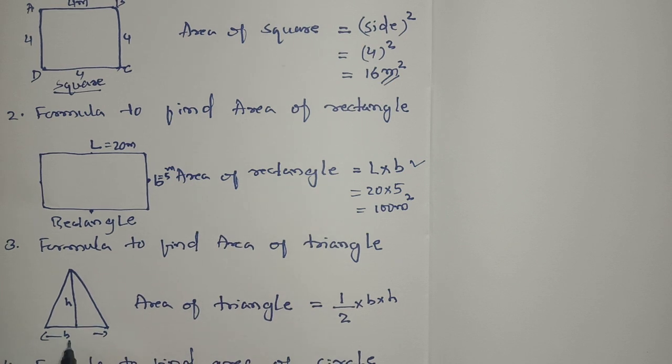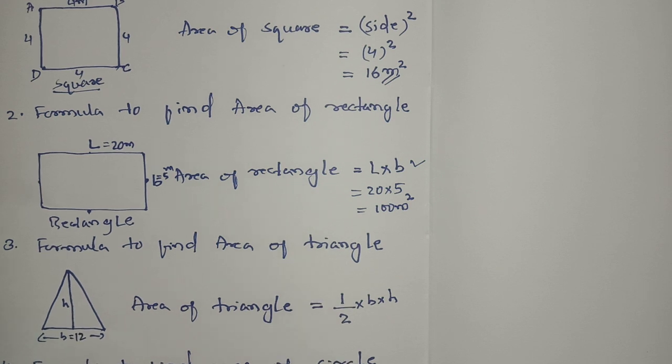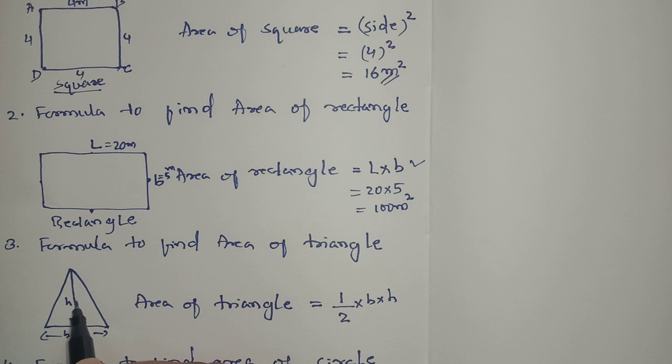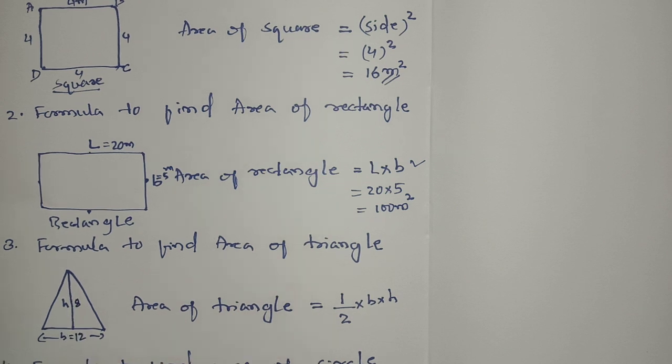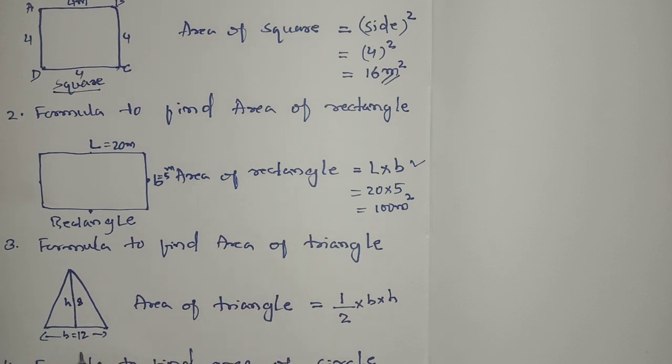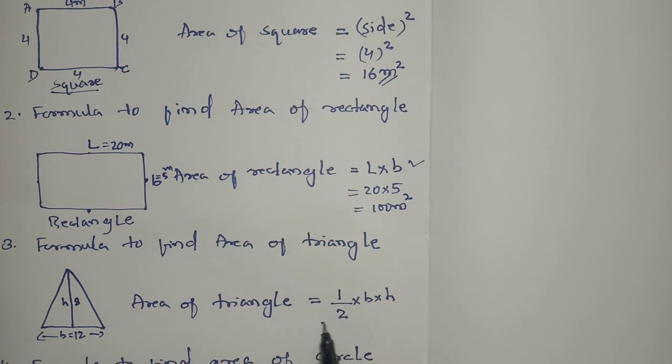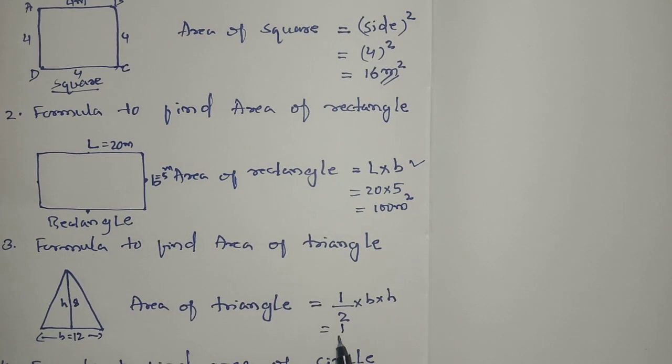Suppose base is 12 and height is 8. Suppose this is 8 and this is 12. How to solve? 1 by 2 as it is.